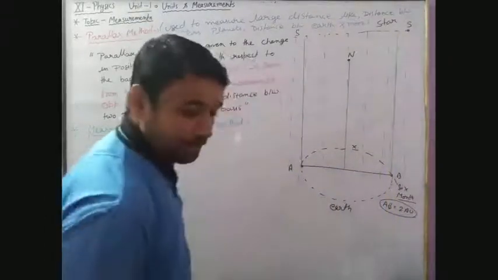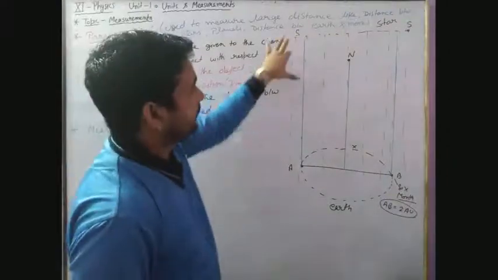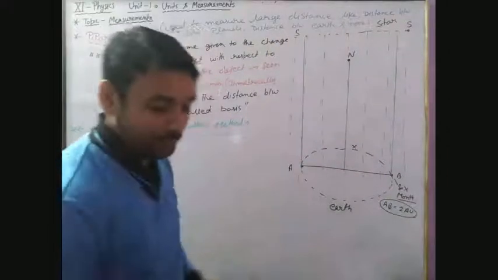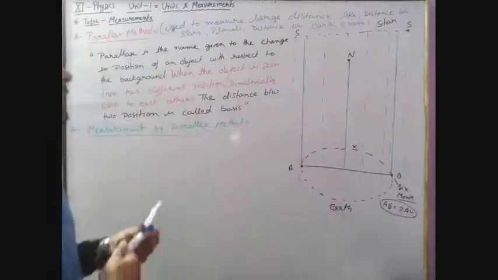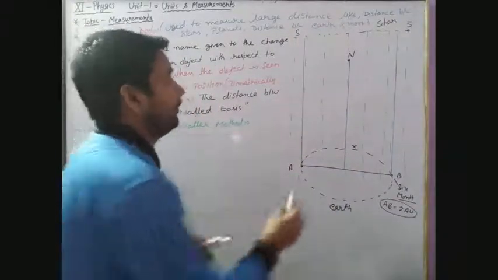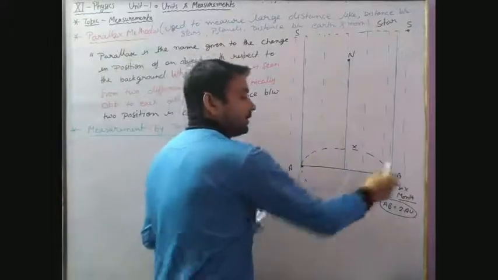Now you can see easily there are 3 lines which are parallel to each other, because the star S is very far away from this N and the Earth.